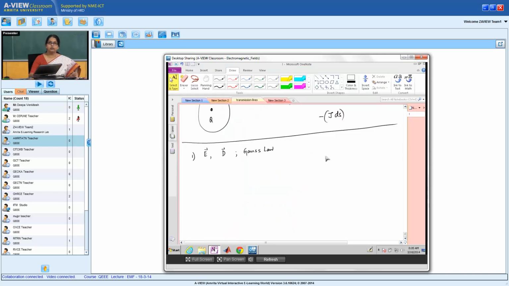We derived both the point form and the integral form.